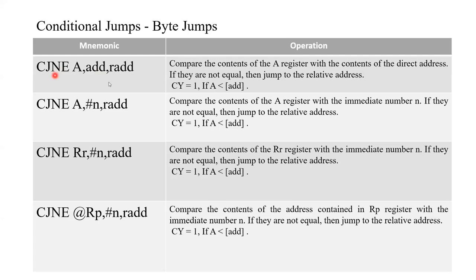Where does it have to jump? It has to jump to RADD. Why have we written it as RADD? Because it is a relative address, a relative range. That's the reason we have written it as RADD.